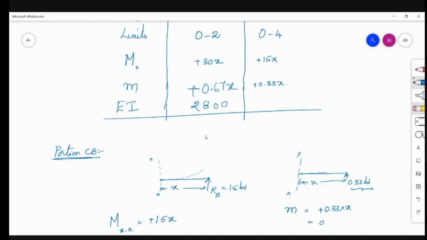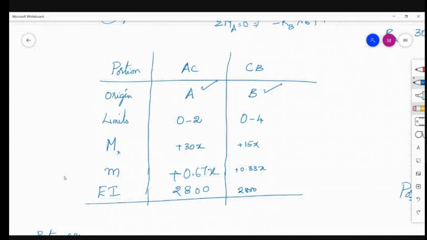EI is 2800, and the value is constant, hence it is EI.